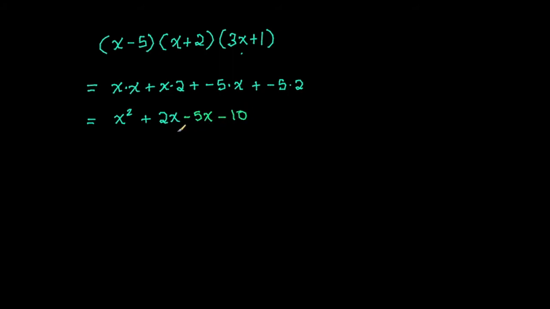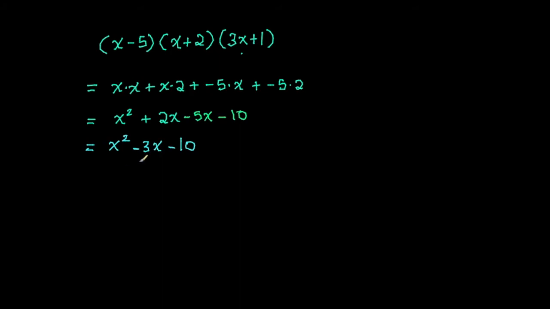So this is equal to x squared plus 2x minus 5x, which just becomes minus 3x, and then we have a minus 10 at the end.